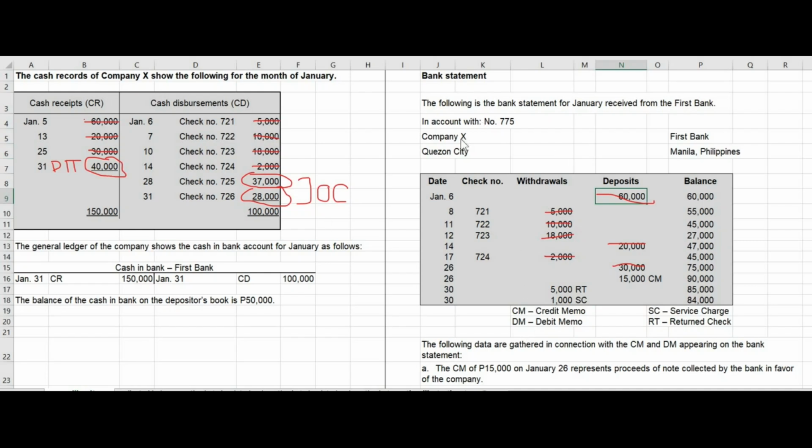So, let us look at our bank statement. So, dito sa bank statement, ano yung mga items na hindi natin na-cash out? So, kasi yun naman yung mga book reconciling items. So, example, ito, 15,000. Hindi siya na-reflect doon sa ating book records. So, merong additional information, no, dito sa baba.